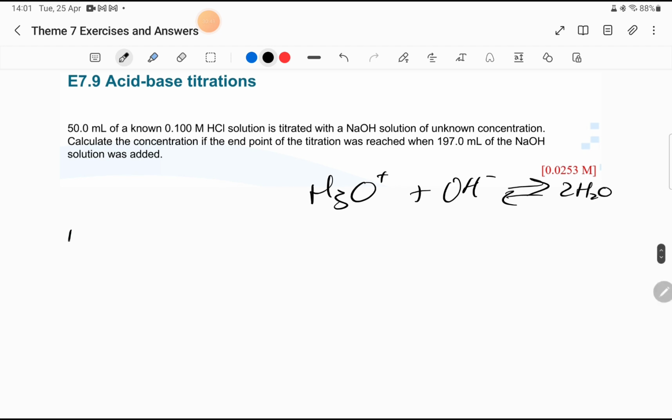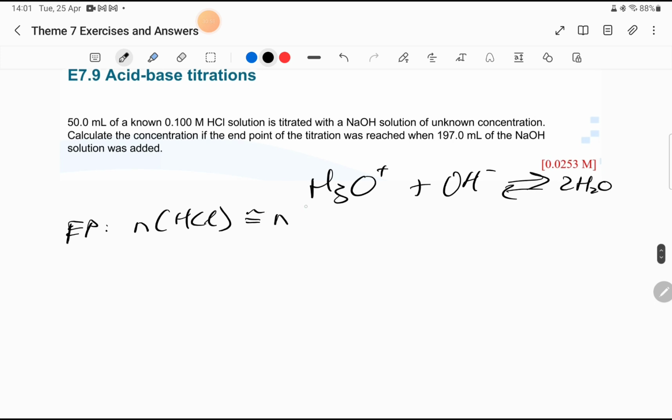So at the end point, our mole amount of HCl will be approximately equal to the mole amount of sodium hydroxide. Then we can turn this into concentrations by dividing by the total volume. And from there, we can calculate the original sodium hydroxide concentration.